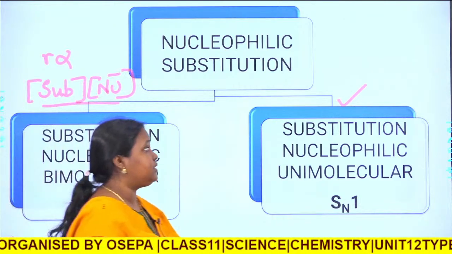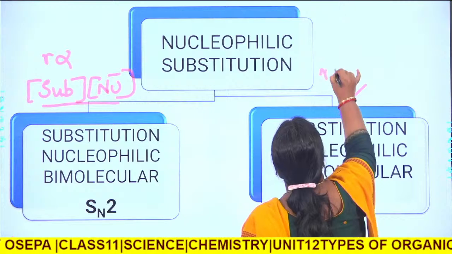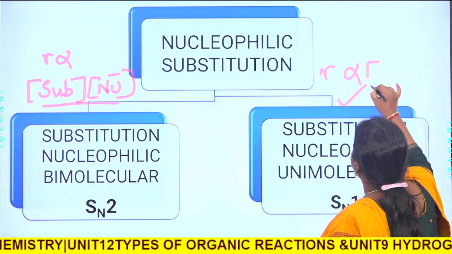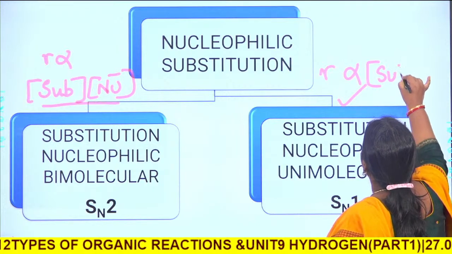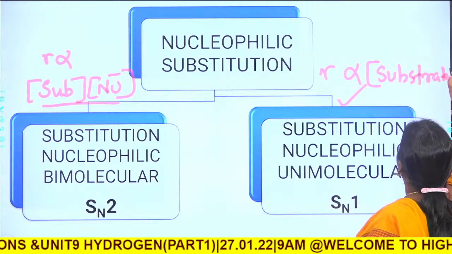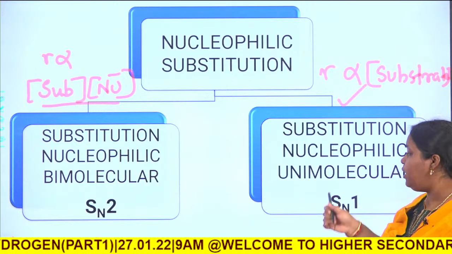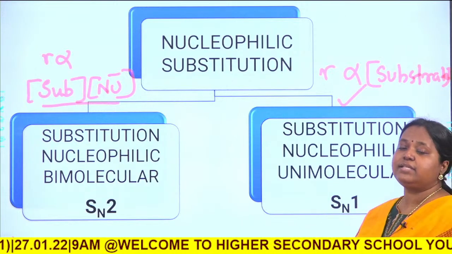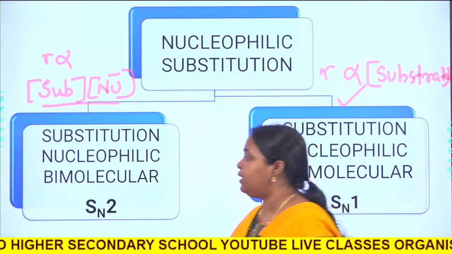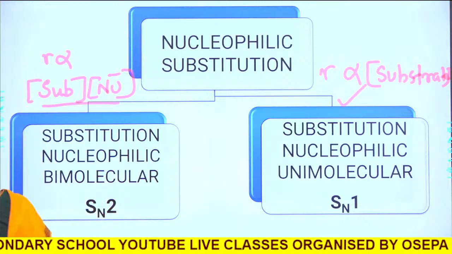But if the rate depends upon the concentration of the substrate only, and not on the nucleophile, then it is called unimolecular, and these things will be discussed in detail in class 12. Okay, for now we only need a brief idea.